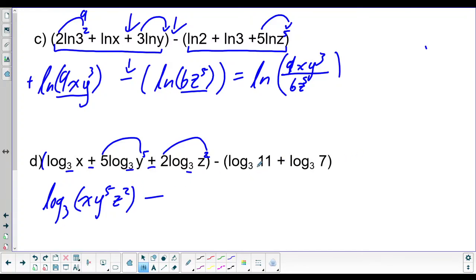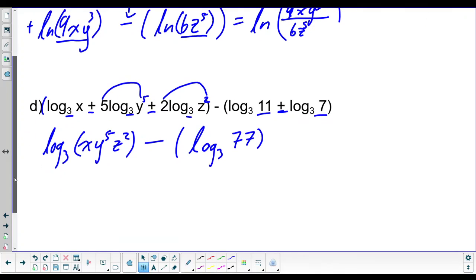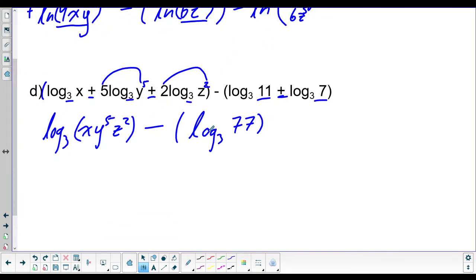Minus, here we have log base 3 of 11 plus log base 3 of 7. So this is going to be minus, because these are adding, we're going to multiply their arguments together. So 11 times 7 is going to be 77. And now because these two logs have the same base and are being subtracted, we can turn it into a single logarithm with the same matching base.